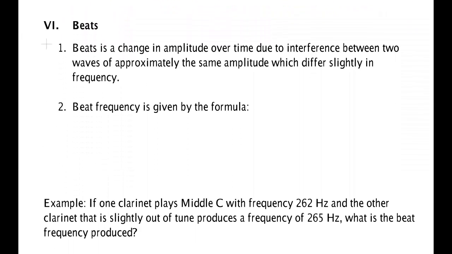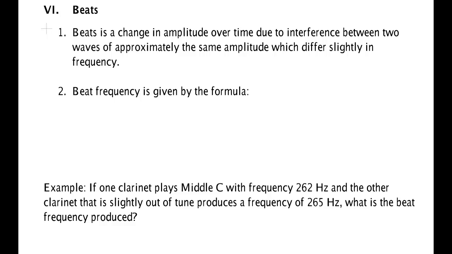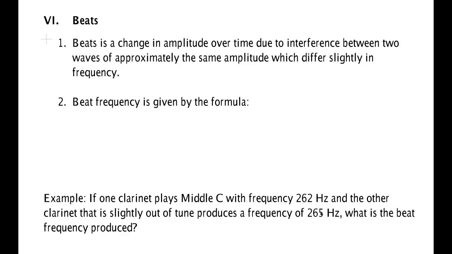Beats. Sometimes you have two instruments or two tuning forks or whatever that are close in frequency, but not quite exactly. Now, what happens is what happens all the time when you have two waves that are put together, say wave 1 like this, and you have wave 2 that maybe is slightly different.